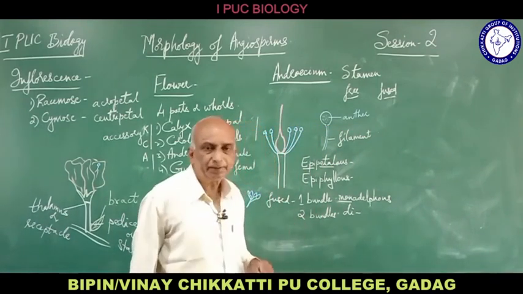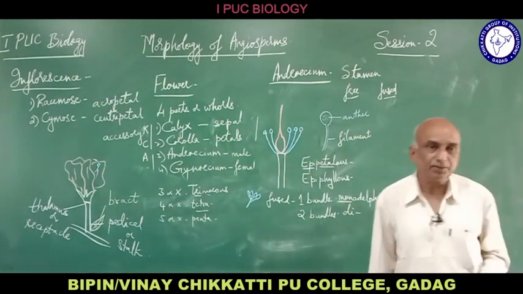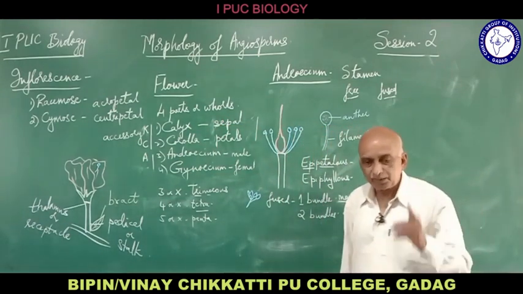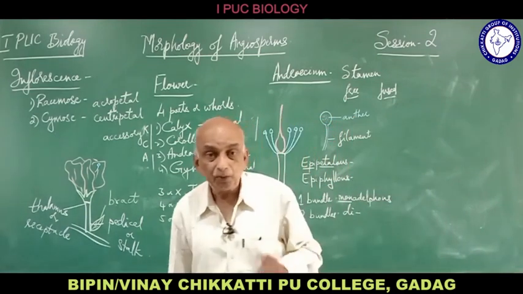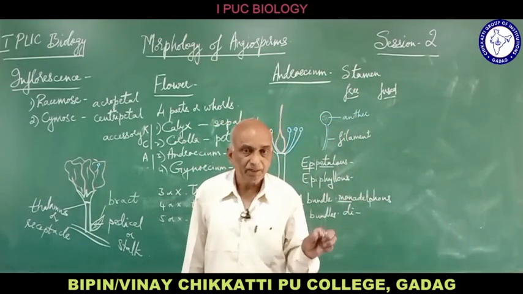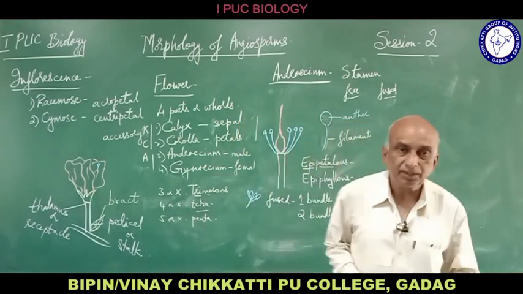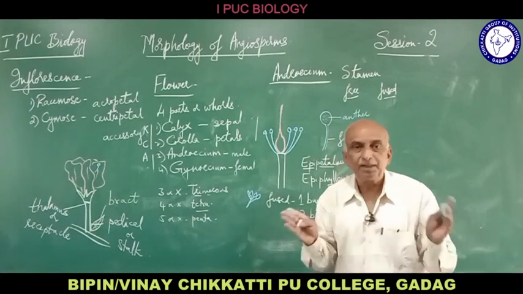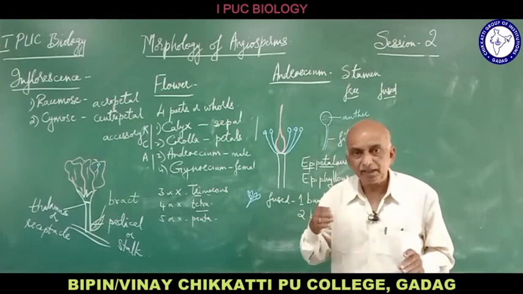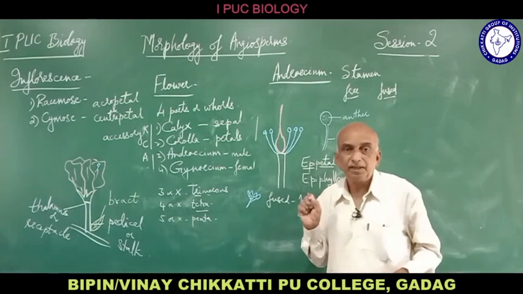And in the leguminous plants, in the pea plant, there are actually 10 stamens. Out of the 10 stamens, 9 will fuse to form one bundle, one is free. Whatever it is, there are two partitions here. That single stamen forms one group, these 9 stamens form another group.